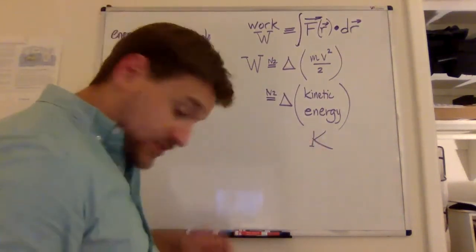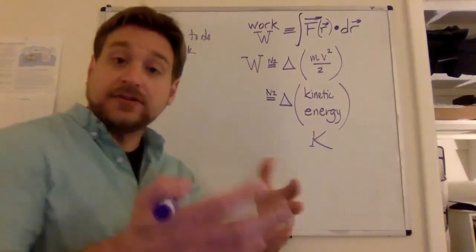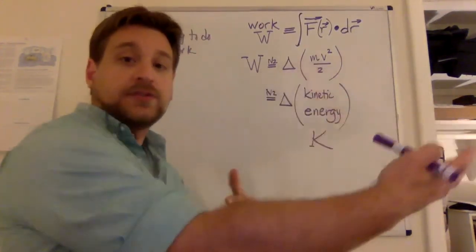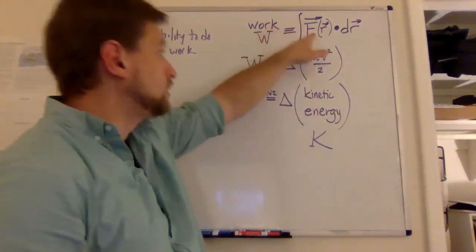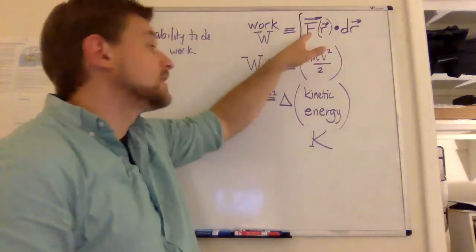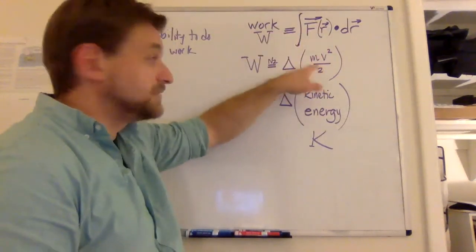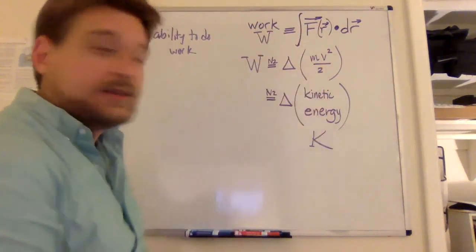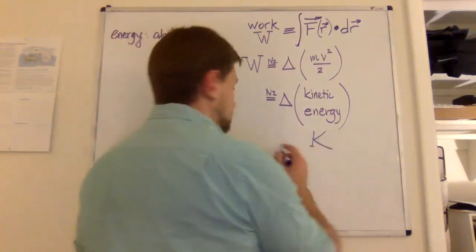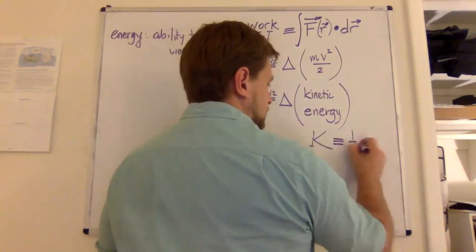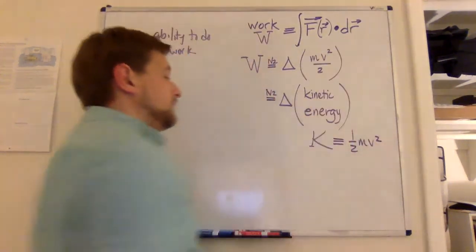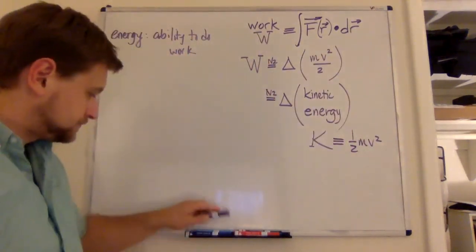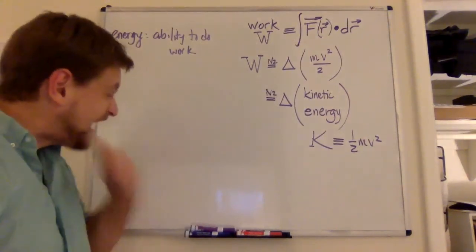And kinetic energy is another thing we have to define, kind of like we defined momentum and also defined impulse. Here we got it backwards. We defined work as the integral and then are sort of incentivized to define kinetic energy as 1/2 mv squared, or mv squared over 2.